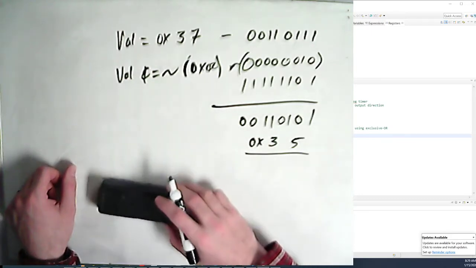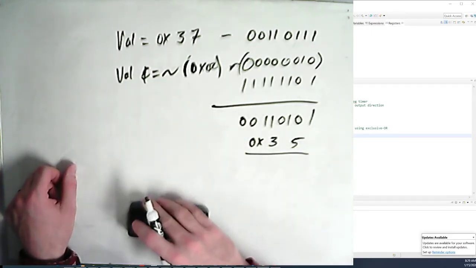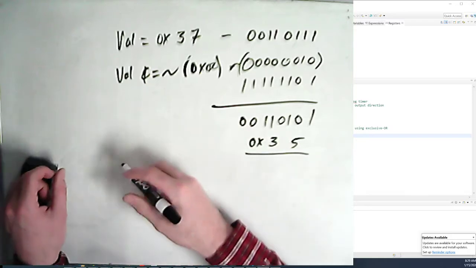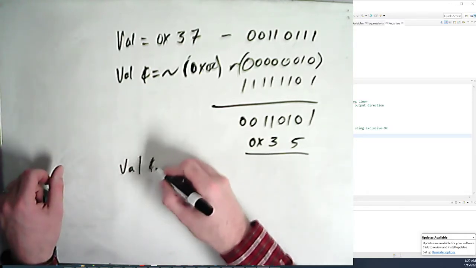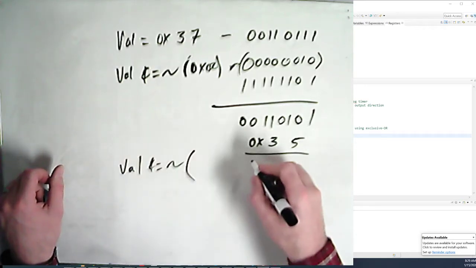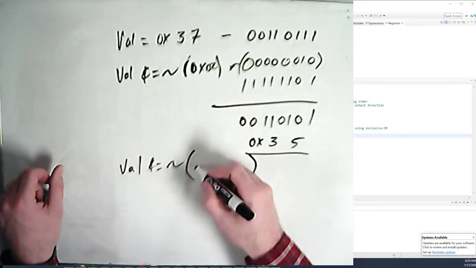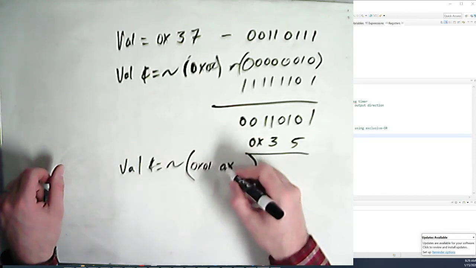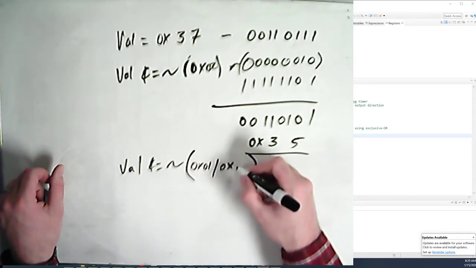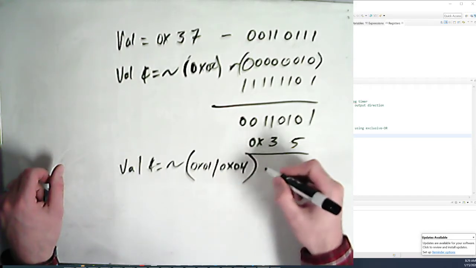And that's what happens. AND equals tilde, and we can just put in the parentheses all the bits that we want to clear. So val AND equals tilde, and then in parentheses we can put in 0x01 and 0x04, and this is OR between them.